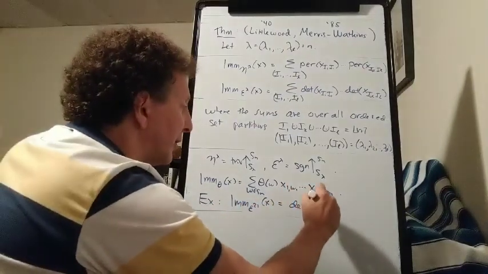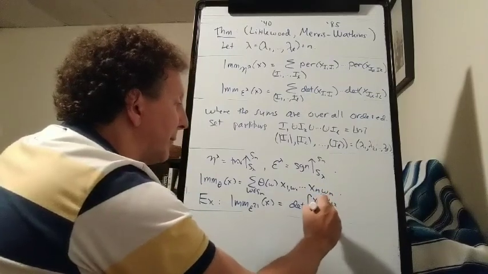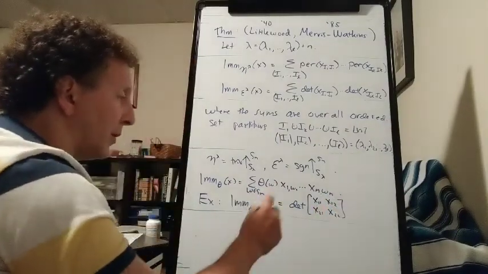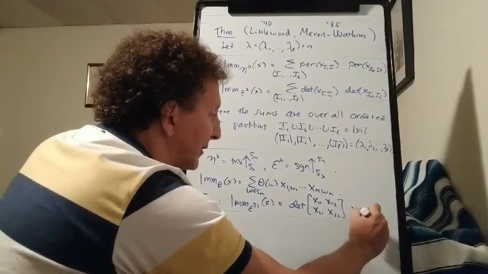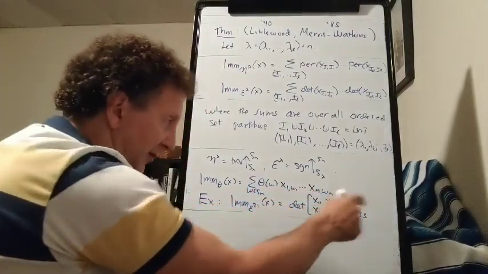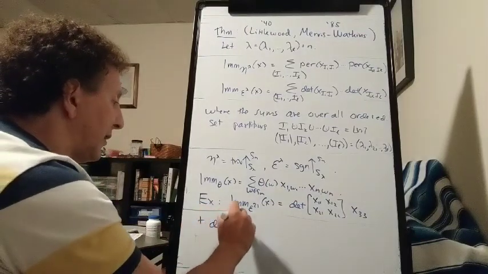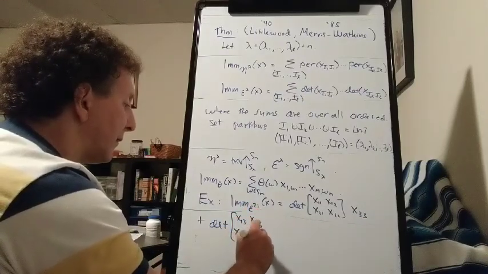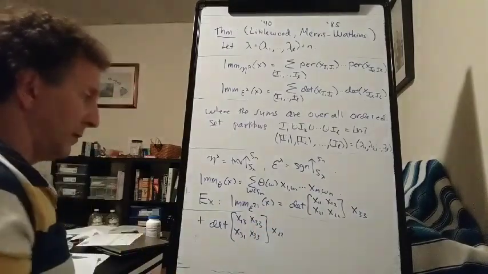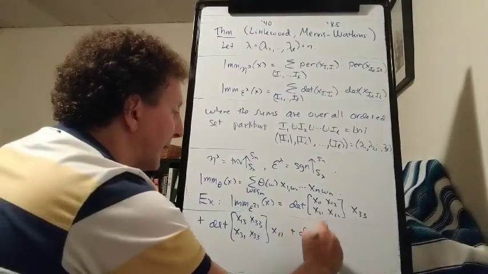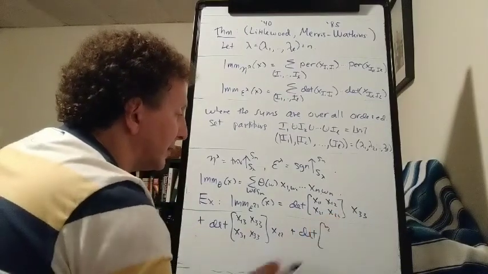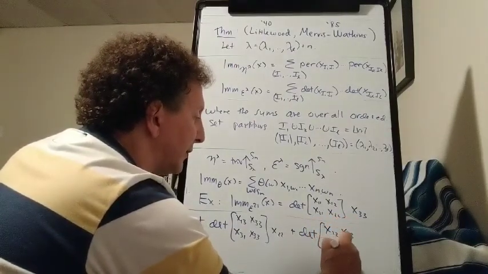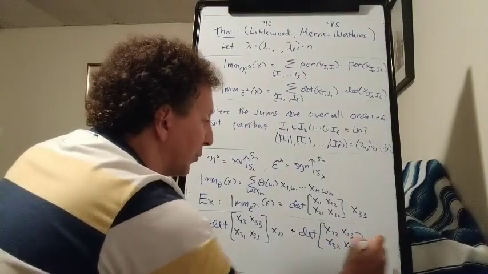So the determinant of the matrix indexed by 1, 2 times the determinant of the matrix indexed by just 3, so it's just a 1 by 1 determinant, just the entry, plus the determinant of the submatrix indexed by 1, 3 times x2,2, plus the determinant of the matrix indexed by 2, 3. So x2,2, x2,3, x3,2, x3,3 times x1,1.